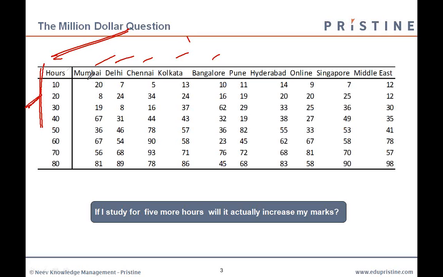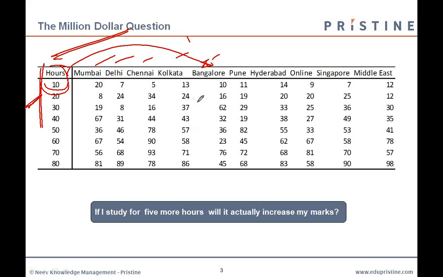And it doesn't require much knowledge, it's basically common sense, to figure out what is cause and what is effect. That is, my hours of study is the cause that can create the effect of good marks on the exam. In other words, your hours of study drive your marks on the exam, not the other way around. It's not that your marks on the exam drive your hours of study.